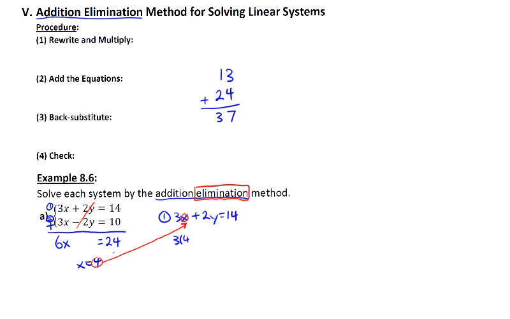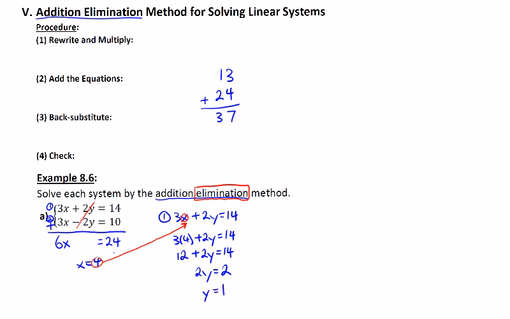So 3 times 4 plus 2y equals 14. That'll be 12 plus 2y equal to 14. Let's see. 2y will equal 2, so therefore y must be 1.